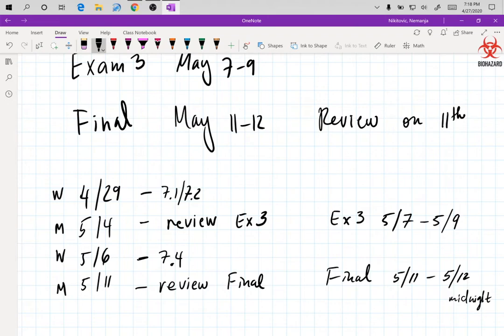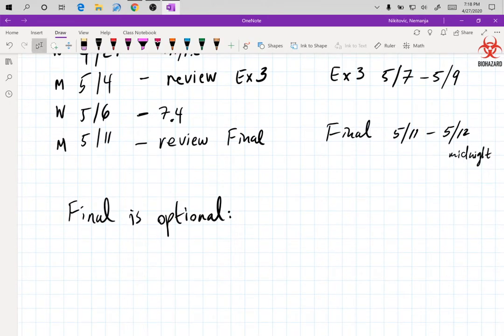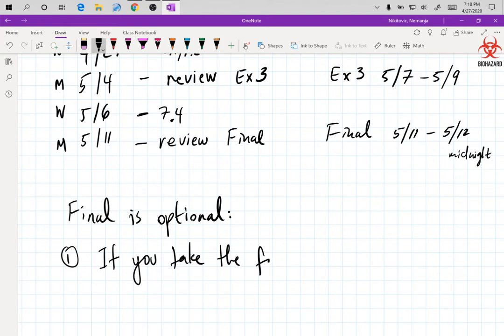And the deal for the final, what the department agreed, is the final is optional under these conditions. 1, if you take the final, it counts.